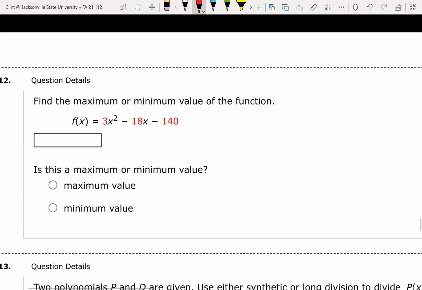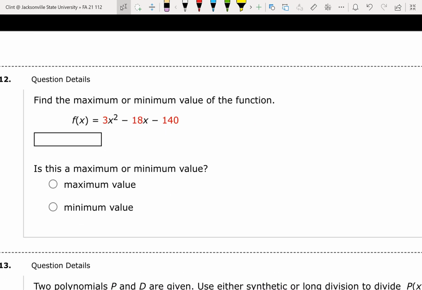Well, let's find the maximum or minimum value of the function. Well, how are we going to do that? It's quadratic, so it means we can find the vertex. Minimum or maximum will happen at the vertex.